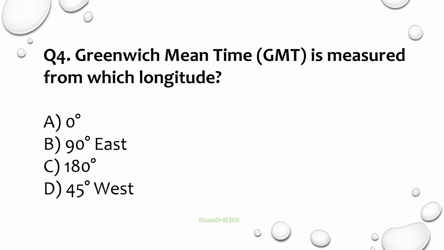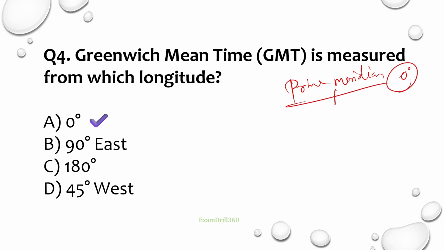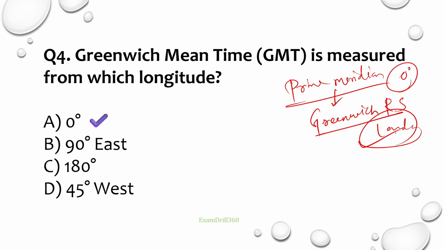Correct answer is 0 degree. We discussed already that the prime meridian, which is 0 degree, crosses through the Greenwich Research Center in London. So GMT, Greenwich Mean Time, is calculated from 0 degree only.